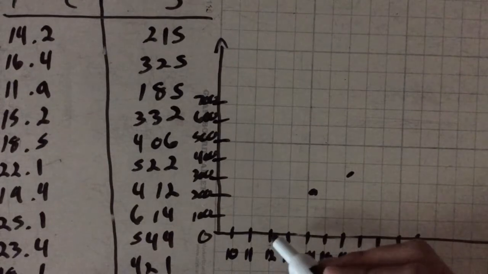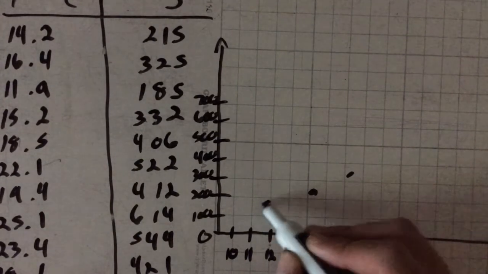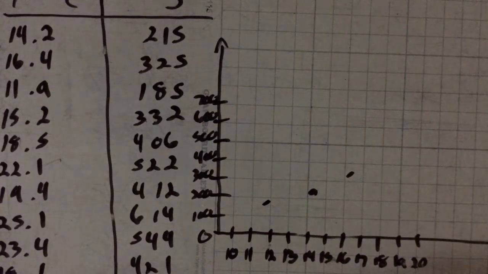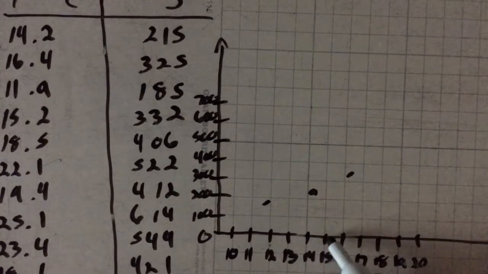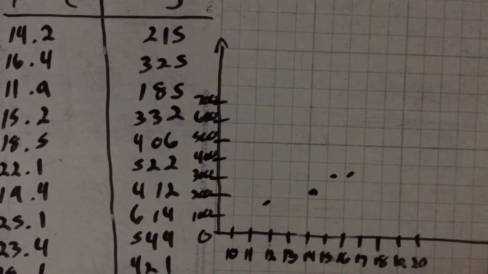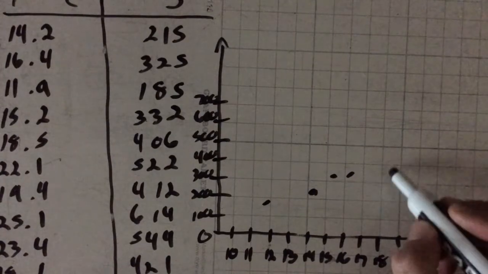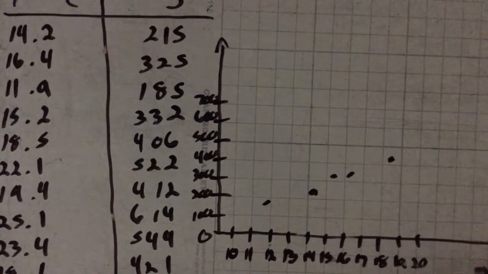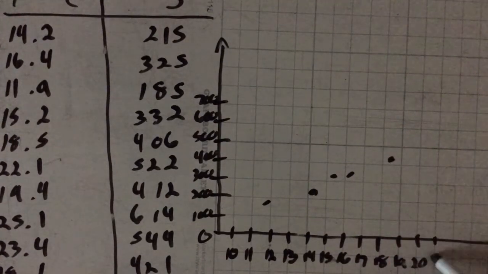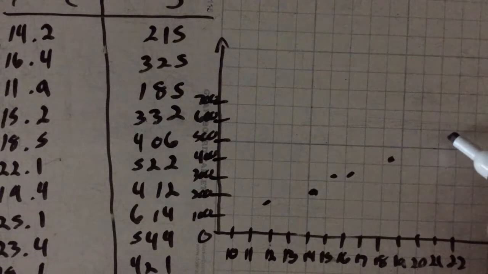I'm just kind of winging it, trying to make it go by a little bit faster for you. 15.2 and 332. 18.5, 406. 22.1, oops, gotta go a little further. 22.1 is gonna go to 522.